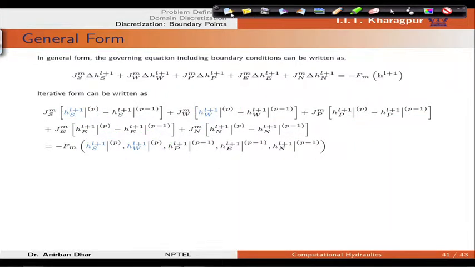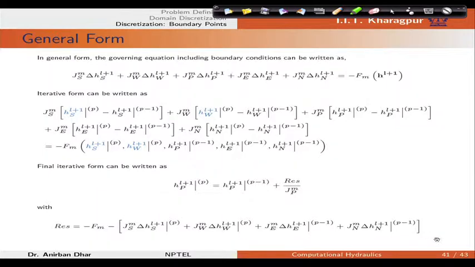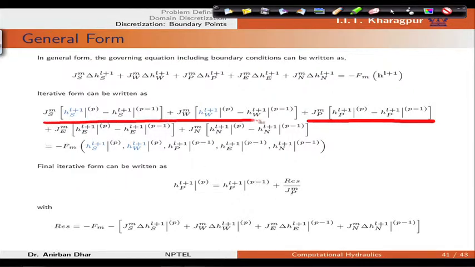Now, in this case, further I can simplify this and write it in the final iterative form like this. So, I can consider this value and transfer all other terms to the right hand side. So, I will write this residual. In this case the residual excludes the central term. So, we have Js, Jw, Je, Jn.